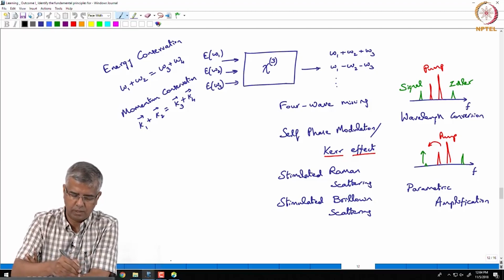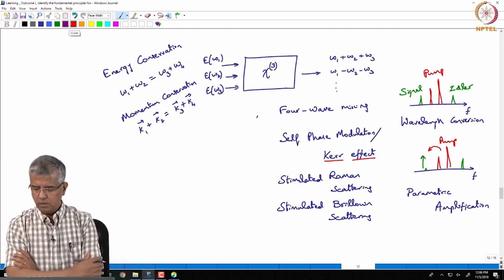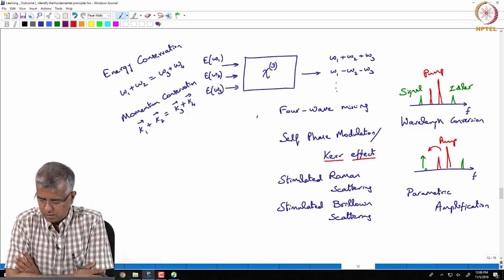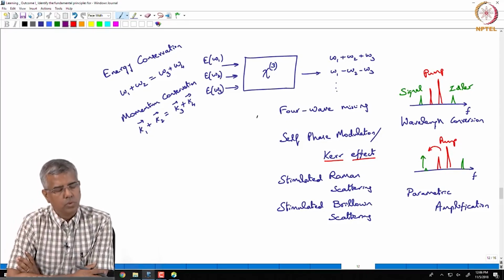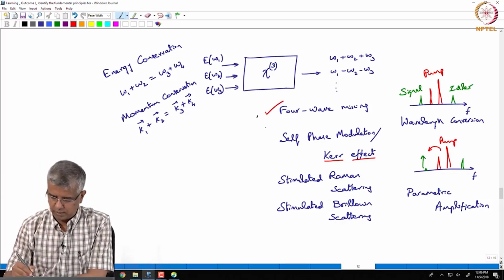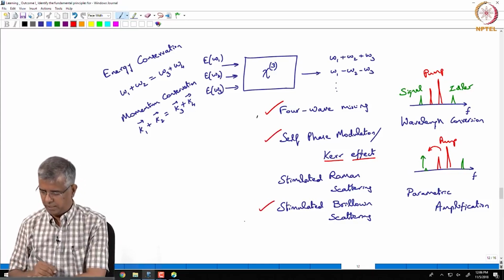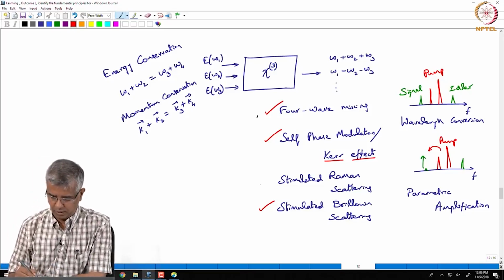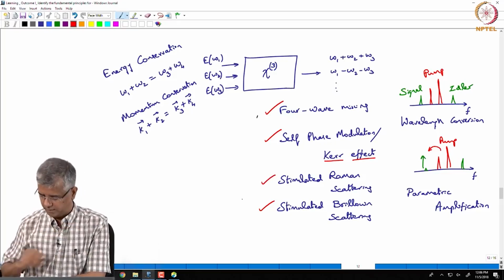So we looked at four-wave mixing, we looked at self-phase modulation, we looked at stimulated Brillouin scattering, and today we will look at stimulated Raman scattering.